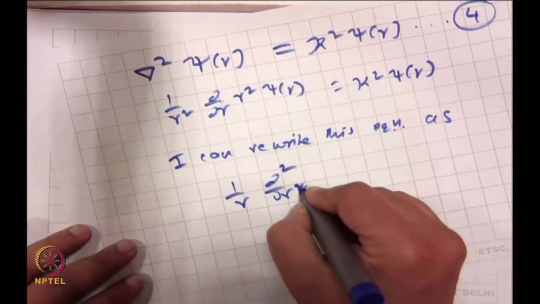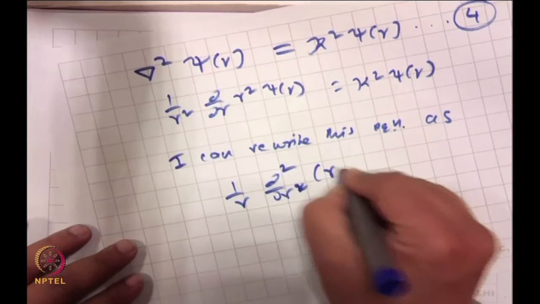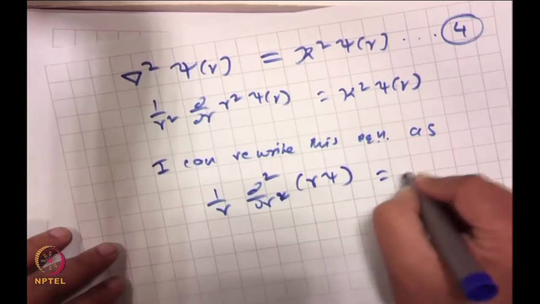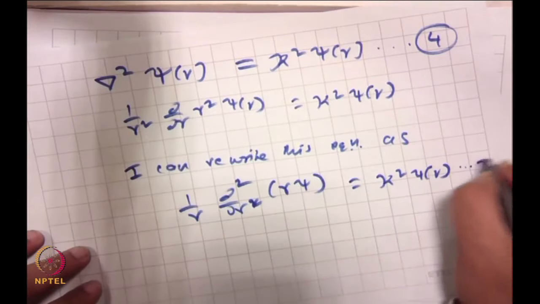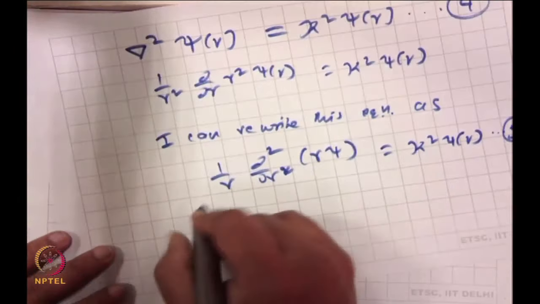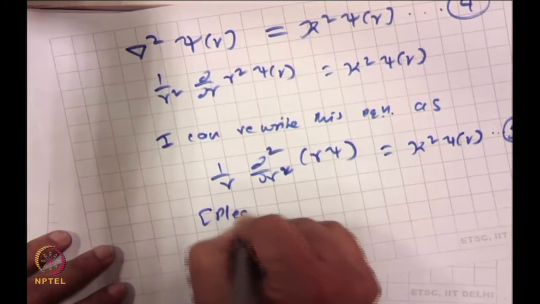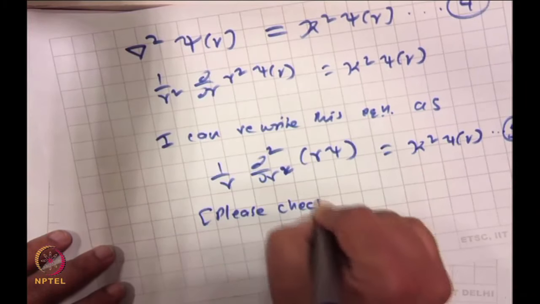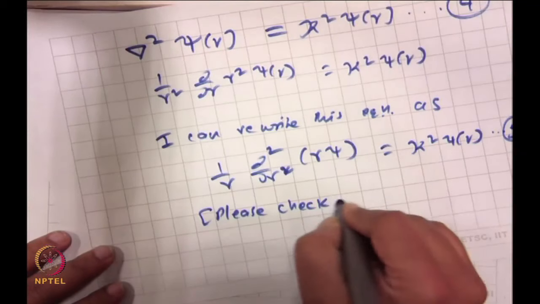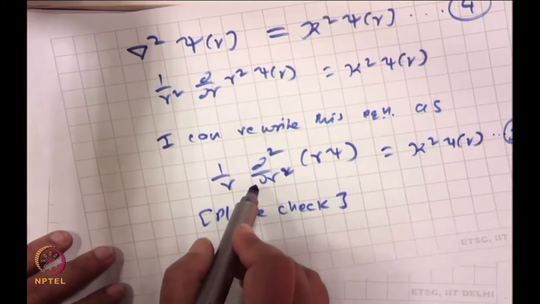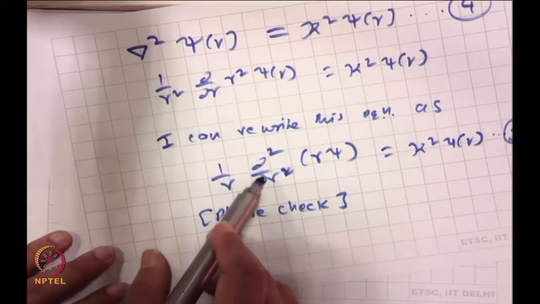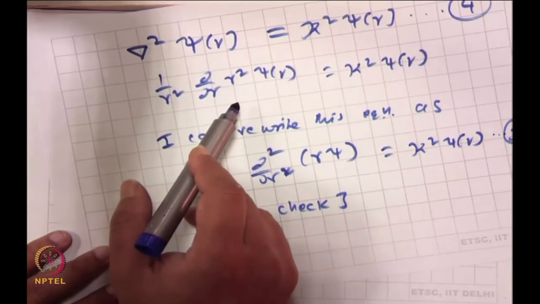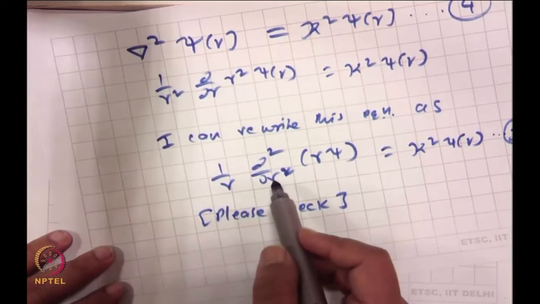So del 2 over del r squared r of psi is equal to kappa squared psi of r. This is 5. This is for you to check. Please check the equivalence of this expression and the equivalence of this expression, right? See whether we can write it like this. That is for you to check.